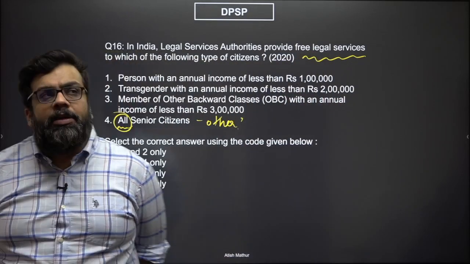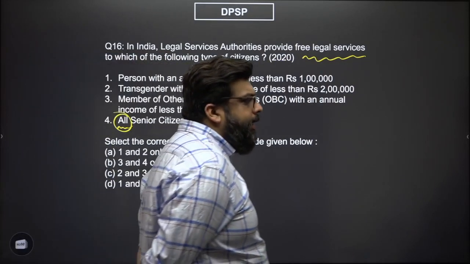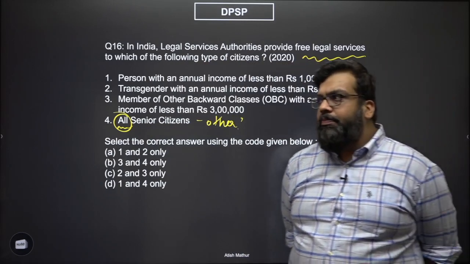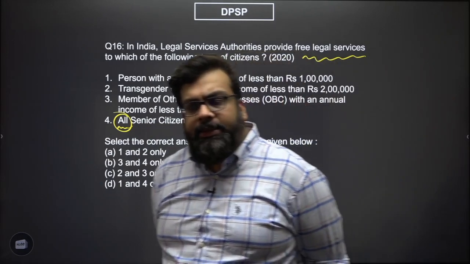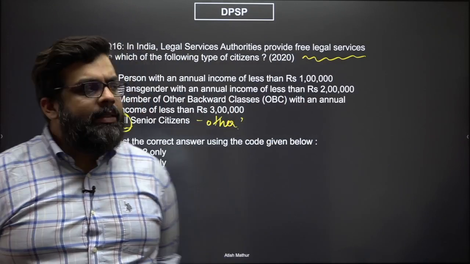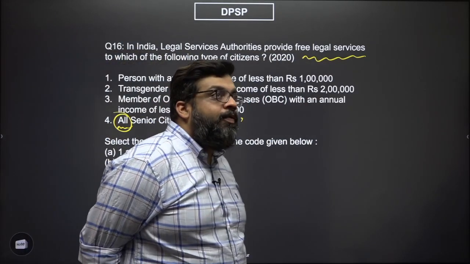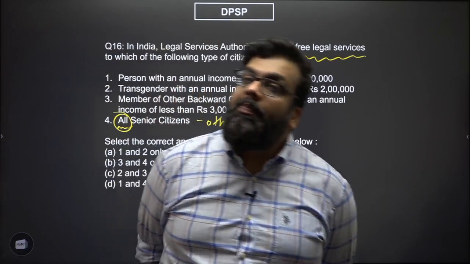They get discounted air travel, they get discounted rail travel, they get perhaps a pension at some point, which is also at a discounted rate. But you would rarely hear of a service which is completely free, but only and only for senior citizens. That doesn't quite sound right.